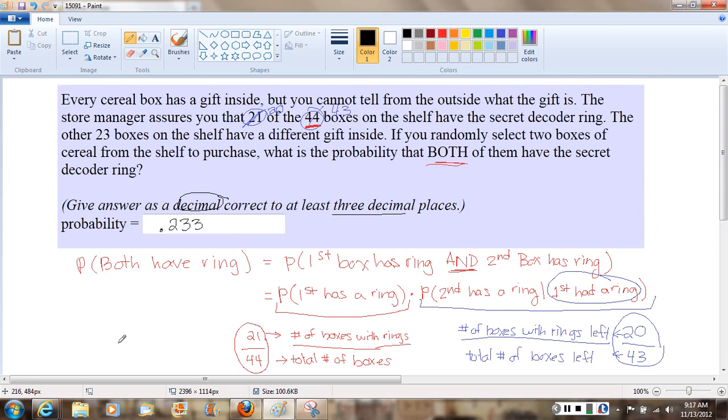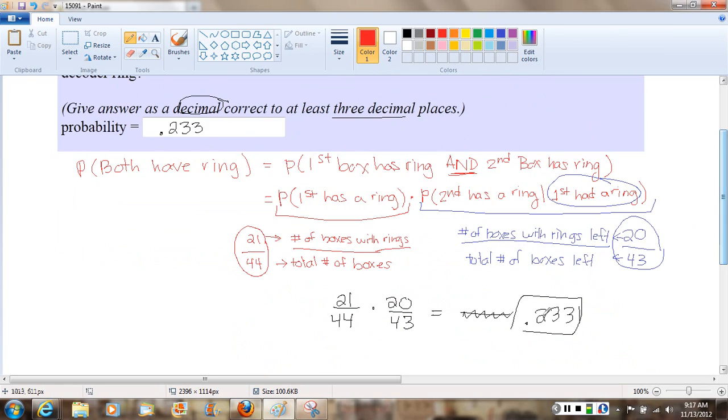Oh, sorry, as I was putting this up, I realized there was a typo in my calculation. Let's go back and correct this. When you put this in your calculator, 21 times 20 divided by 44 times 43, we should get not this number here. We should get 0.2219.